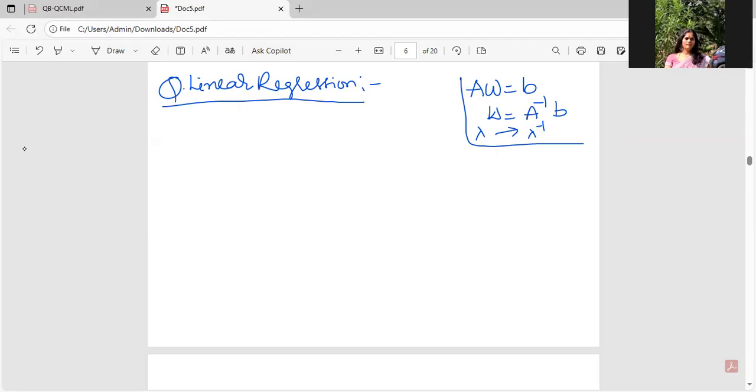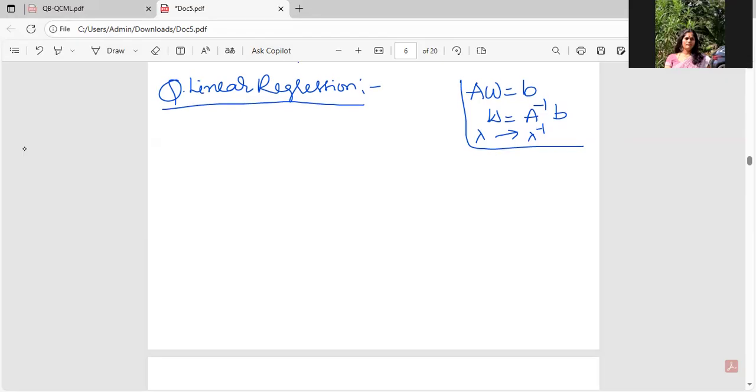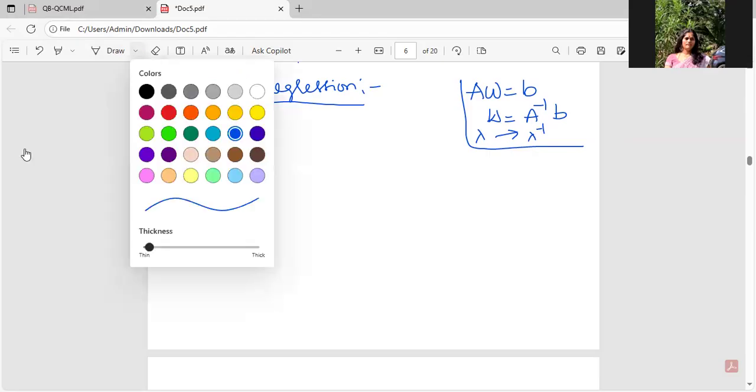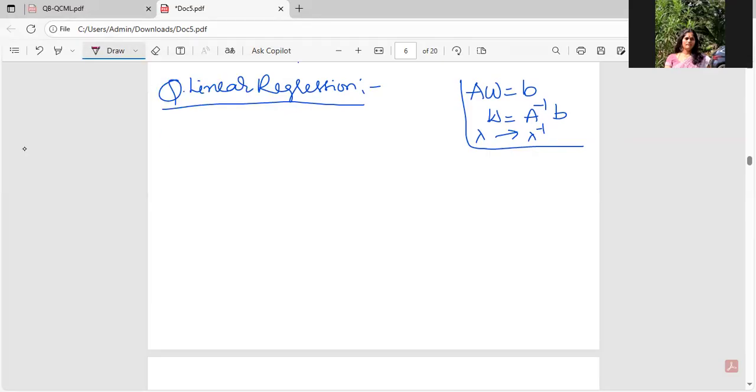Now, quantum linear regression is similar to linear regression. What's the difference? Let me talk about the working rule. We'll consider the classical setup. What's that classical setup?